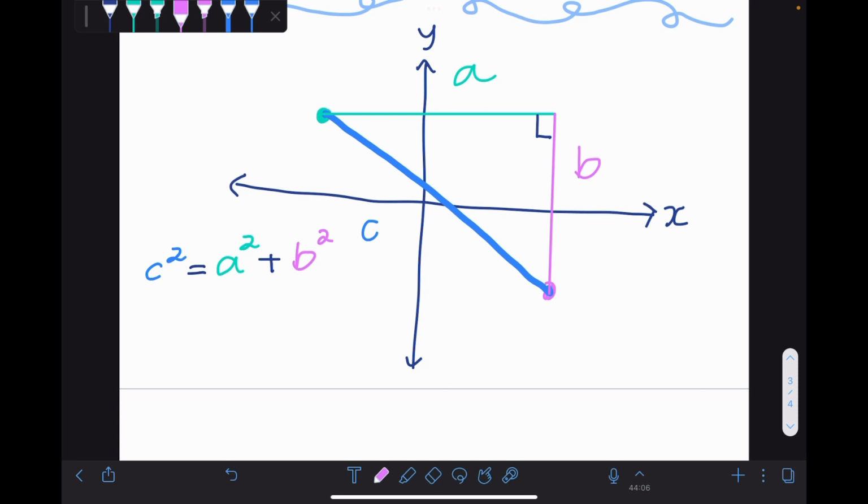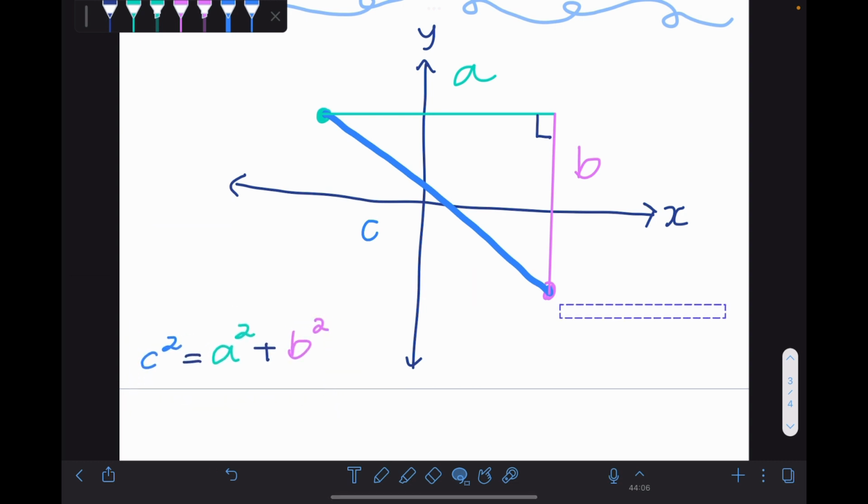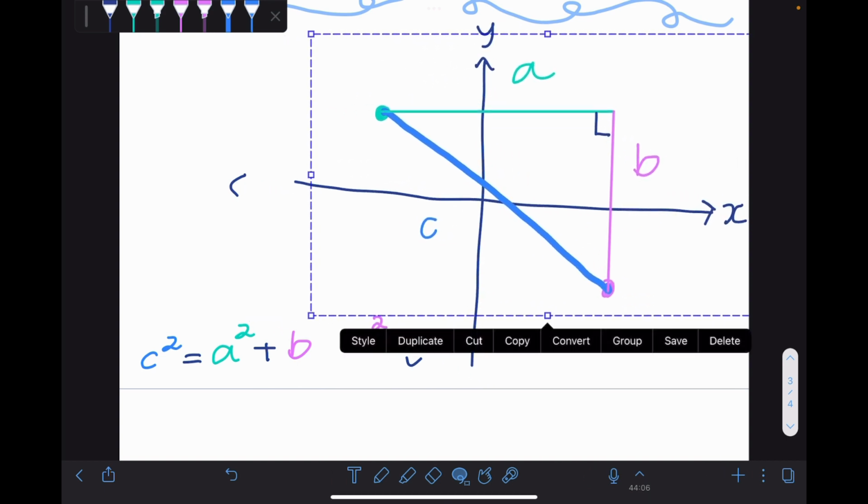Okay, so that's our distance formula, and that's where it originates from. So Pythagoras gives us this to work with, and we use our coordinate points to create a formula for them.